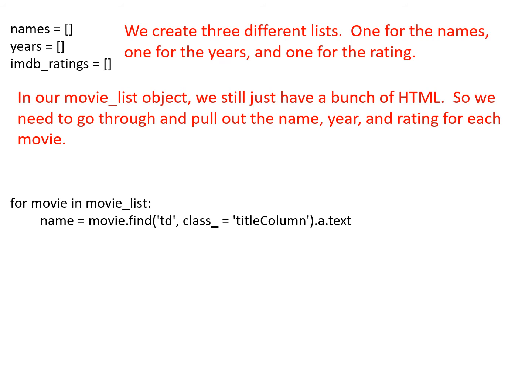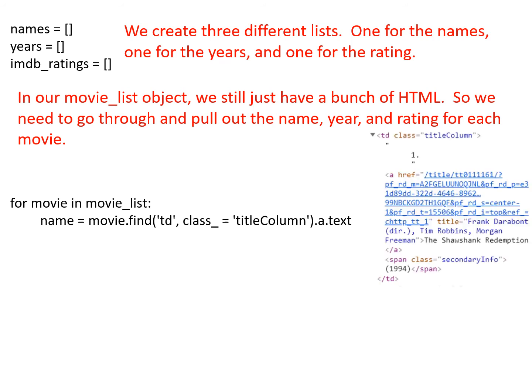That's where we found the names. But now let's look at the HTML here, and here's where we see TD class title column. And we see that the name is definitely in there. The Shawshank Redemption is in there. But there's a lot of other stuff besides just the name, and we don't want to pull out any of that other stuff. We just want the name.